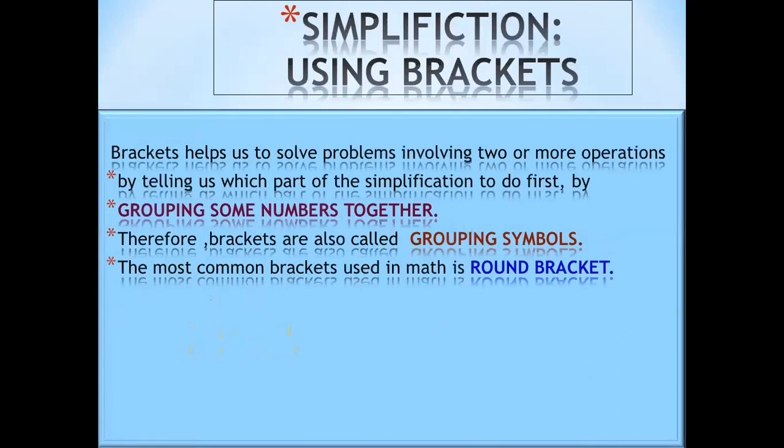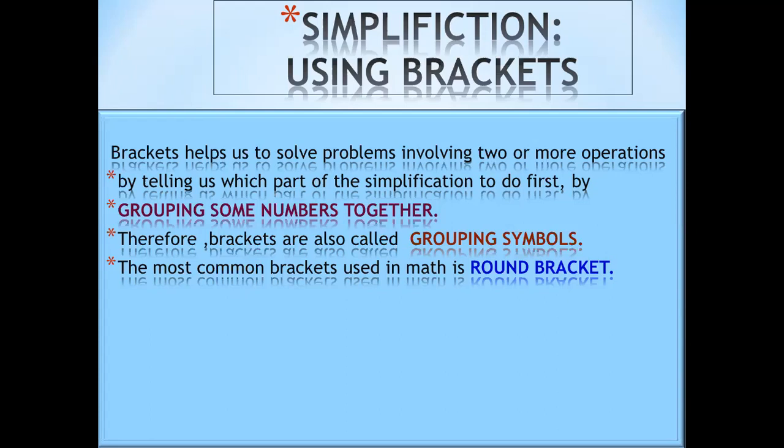After 32, page 35 is included, and here is the concept of brackets. How we simplify the numbers when the brackets are given. Some of the numbers are enclosed in the brackets and some numbers are outside the bracket. How we solve that expression.